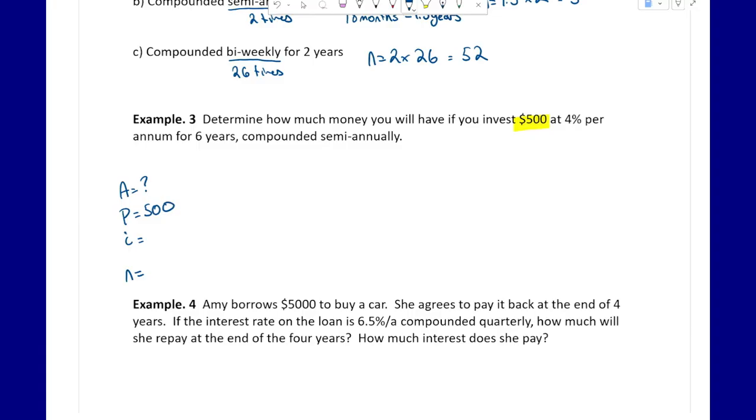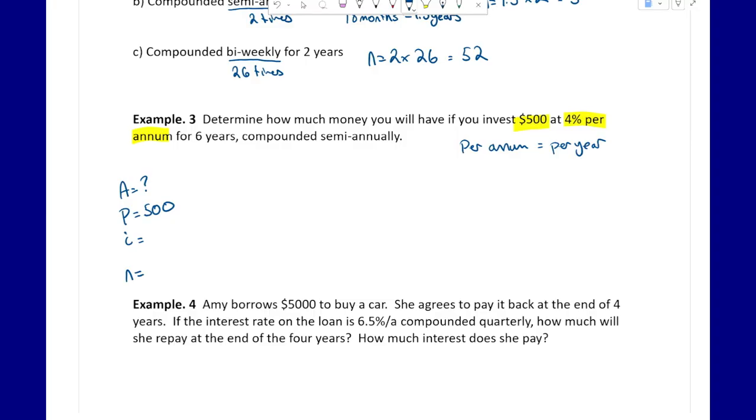Our interest rate, it says 4% per annum. Per annum is a new thing. We haven't really seen that before, but per annum means per year.